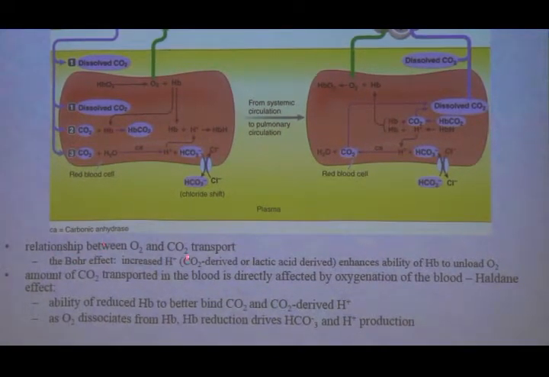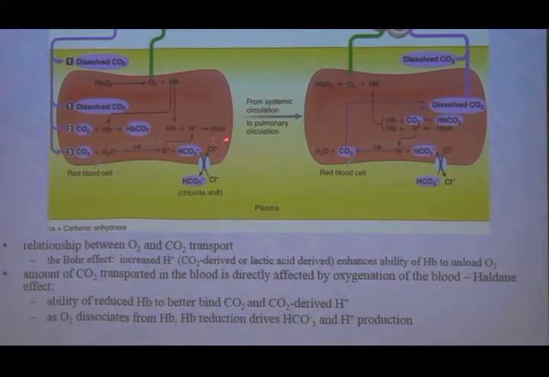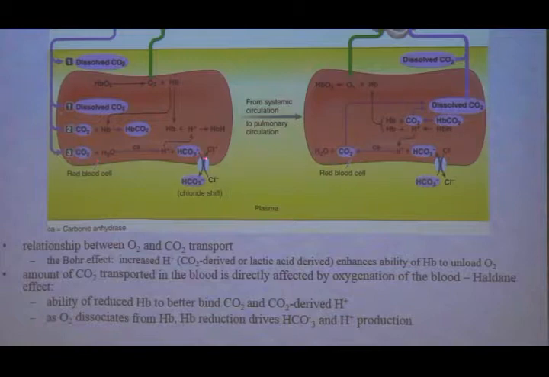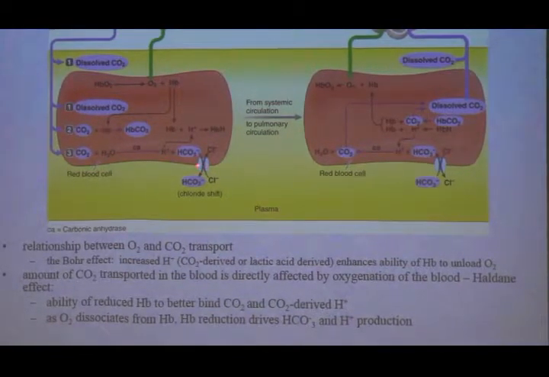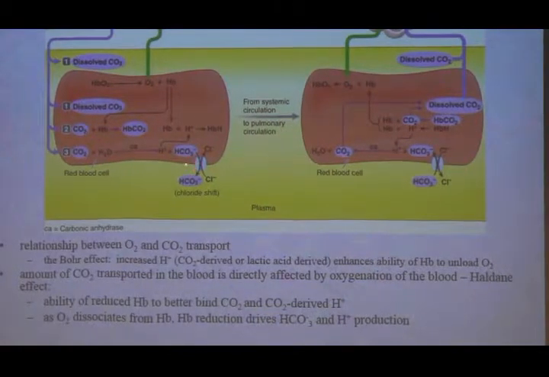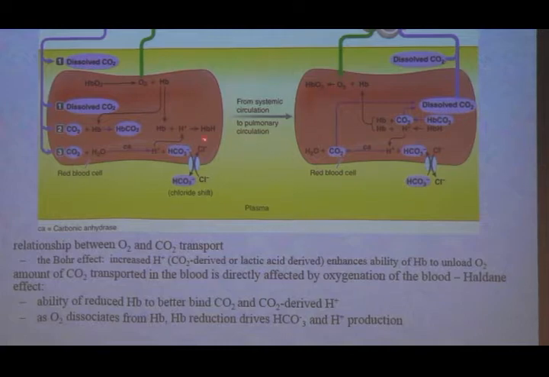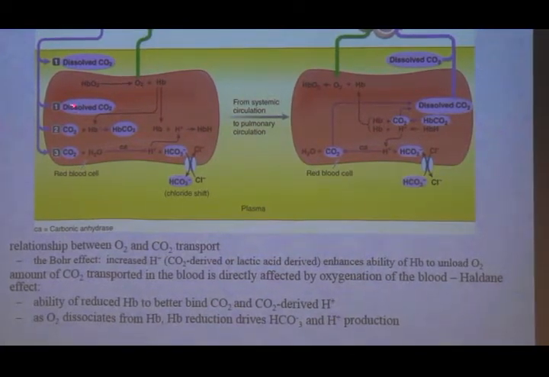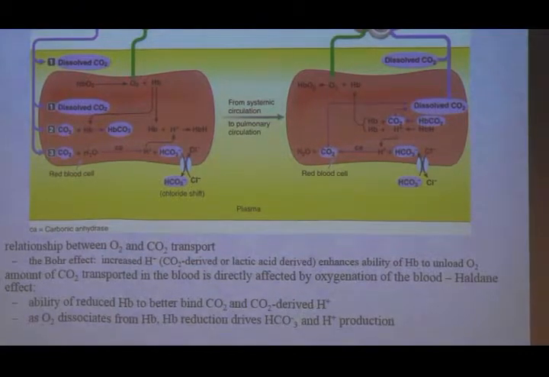This is what is known as the Bohr effect. That is, increased hydrogen ions, either produced by the transport of CO2 and its conversion to bicarb, or, for example, produced in the tissues because of the generation of lactic acid, encourage the dissociation of oxygen from hemoglobin and allow hemoglobin to give up O2 more readily to tissue cells.